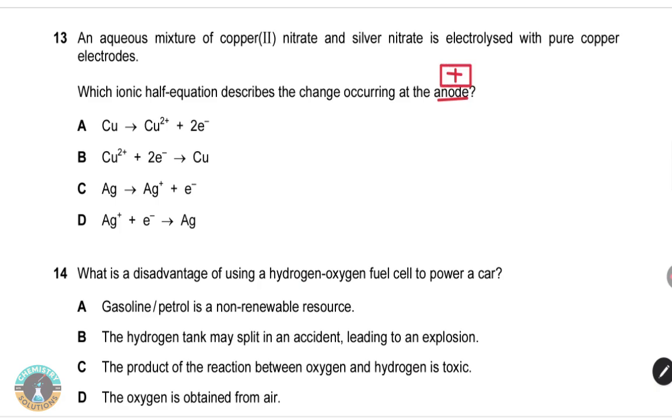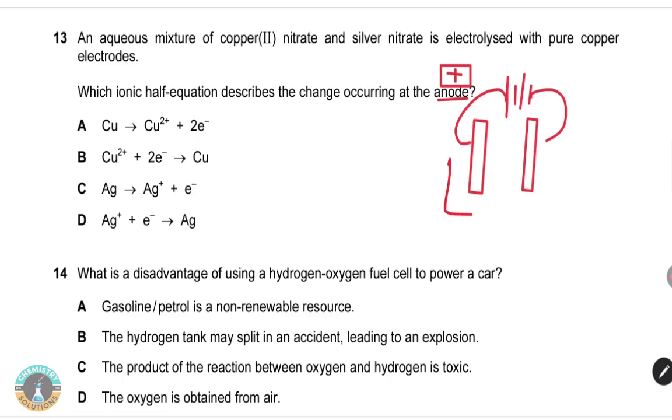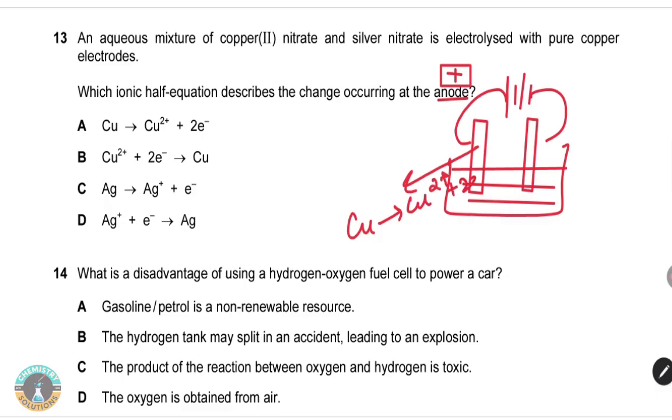An aqueous mixture of copper nitrate and silver nitrate electrolyte with pure copper electrodes. When we have electrodes of copper, the anode will not take up electrons from the ions of the solution. The anode itself loses its electrons. Why? Because this one is not an inert electrode. So A is basically the correct option for this reaction.